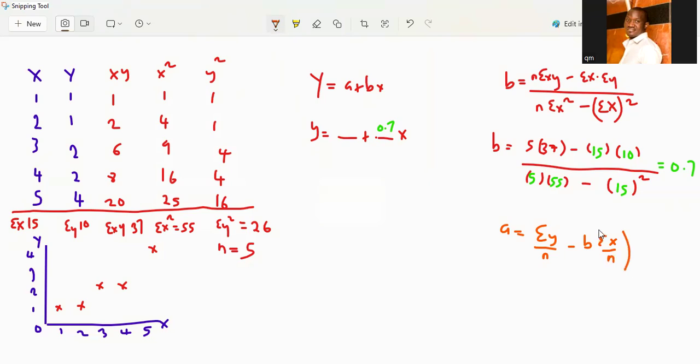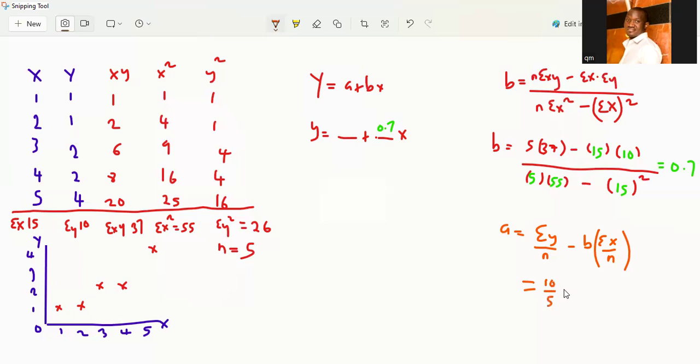What is summation of y? That's 10. So we've got 10 over 5.